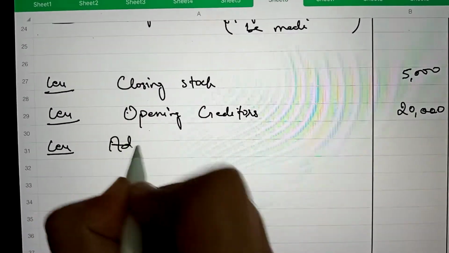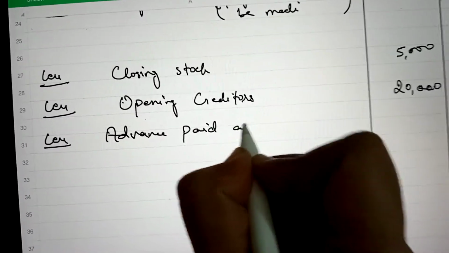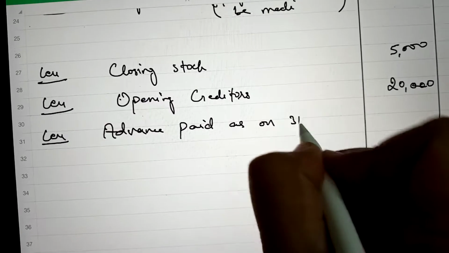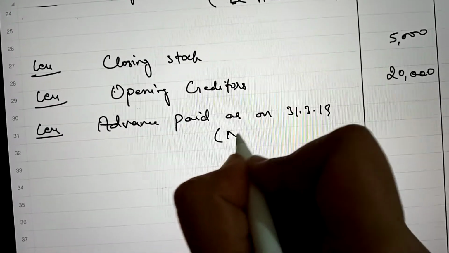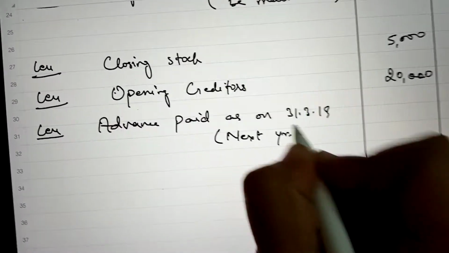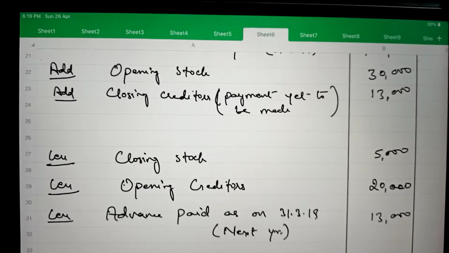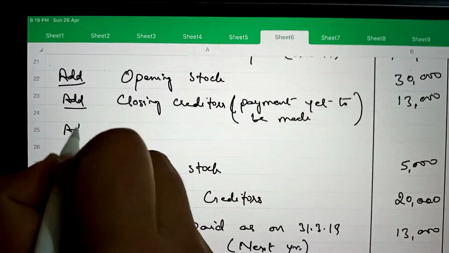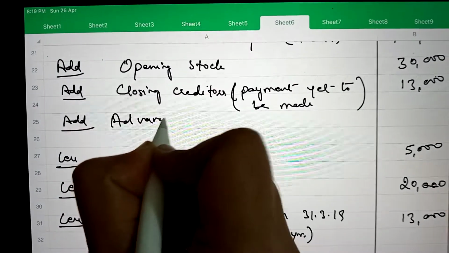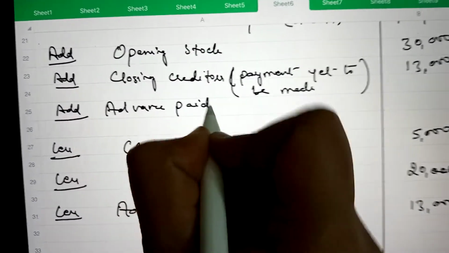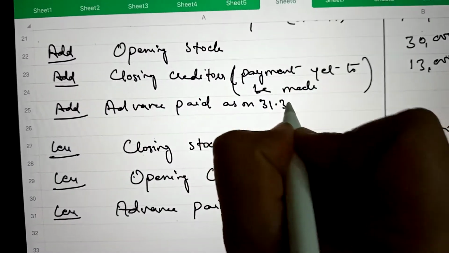Less advance paid as on 31st March 2019, because it is the payment for next year, so it will be deducted here, 13,000, and we will add the advance paid as on 31st March 2018.